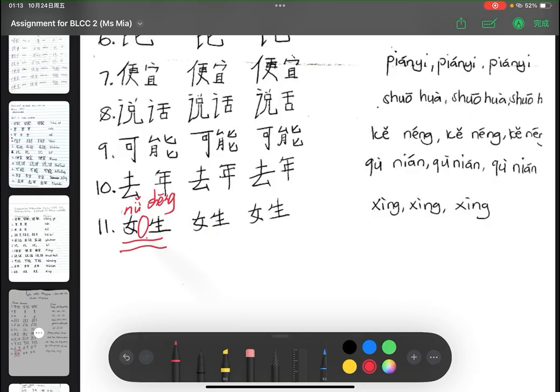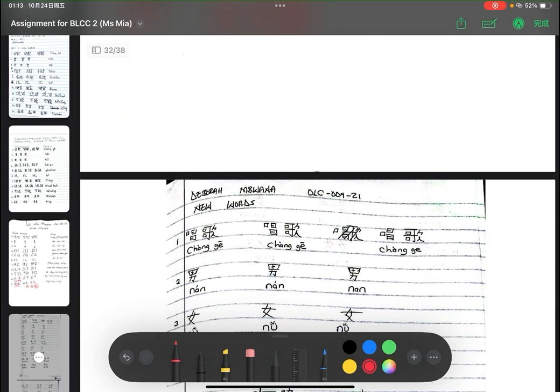It means a girl. It's not the character Xing. So we need to put them close. Make them close. Okay. They don't need much space. Just put them together, so we can get a character. Xing. Okay.